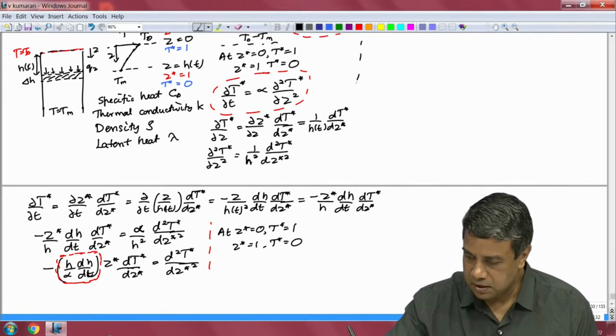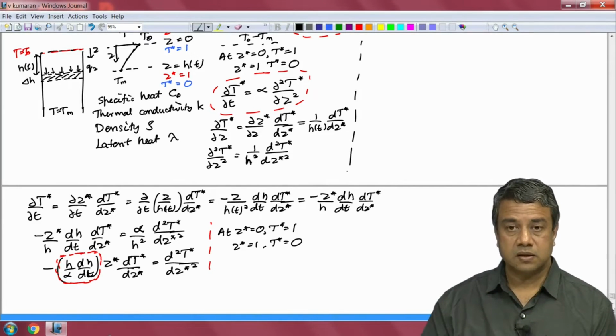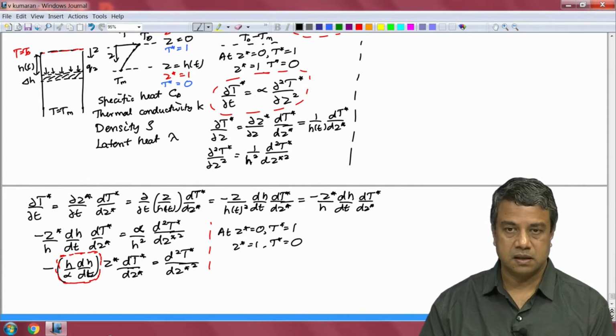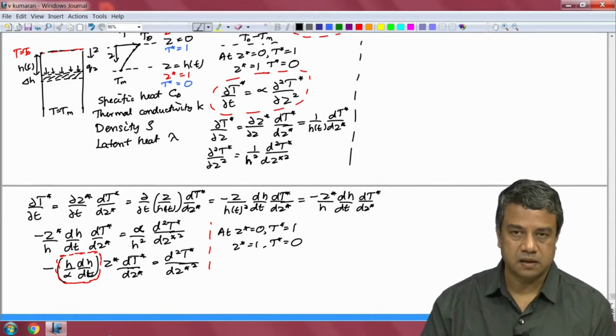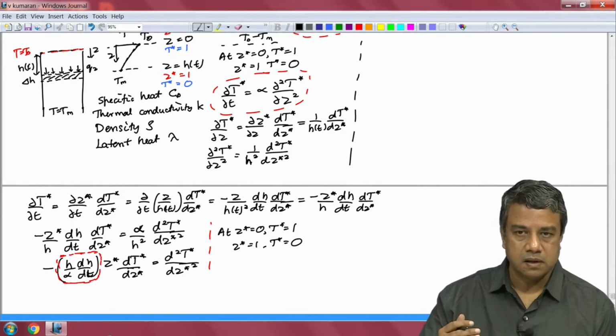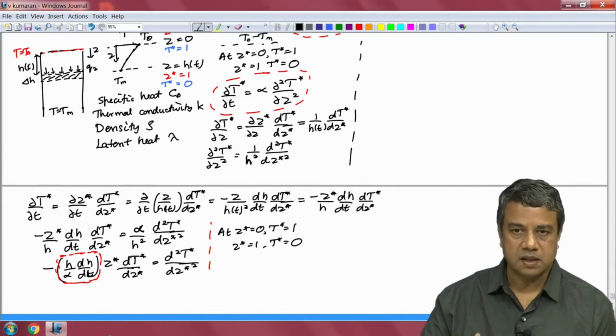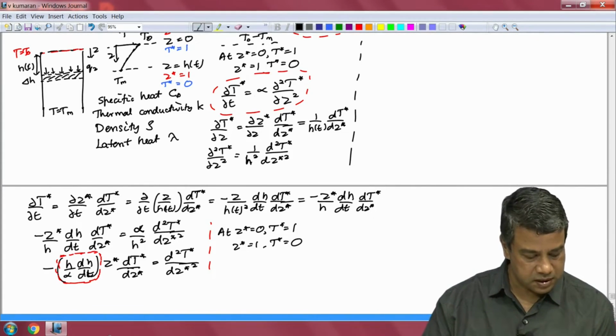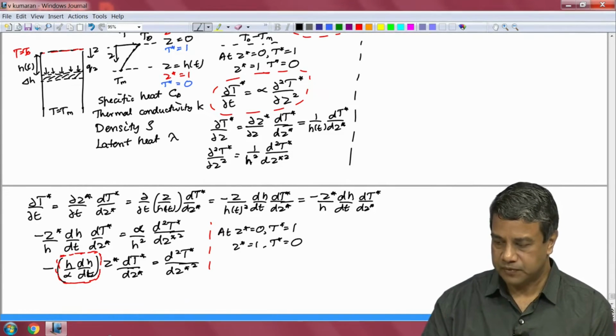What I require is that the total heat transferred in the time delta t has to be equal to the latent heat times the mass of material. The total heat transferred due to conduction within a time delta t has to be equal to the latent heat times the total amount of material that is transferred.